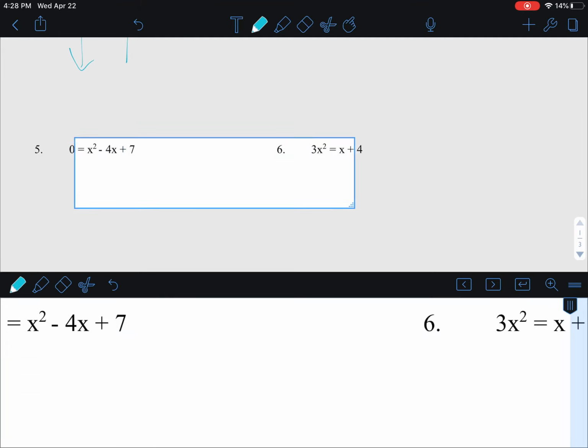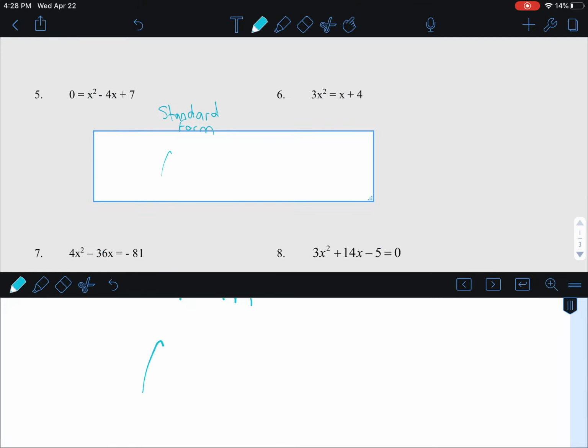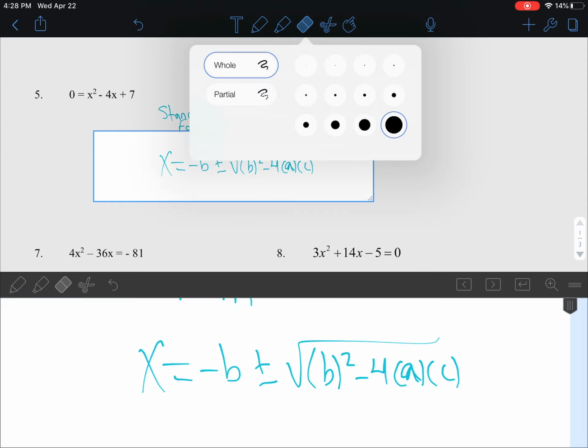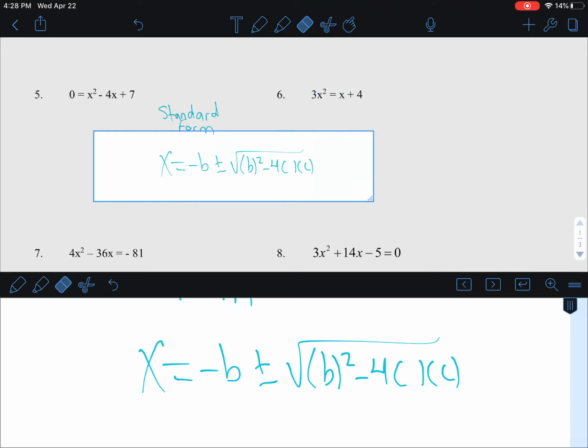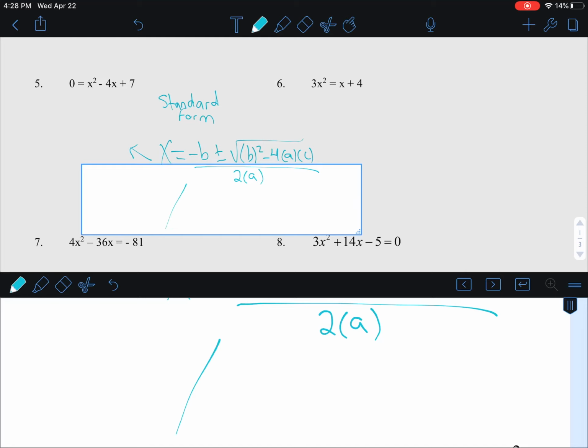So whenever it's in standard form, you're forced to use the quadratic formula, which is what we learned last week or a few weeks ago. x equals negative b plus or minus the square root of b squared minus 4 times a times c, all over 2 times a. So this would be a right here.